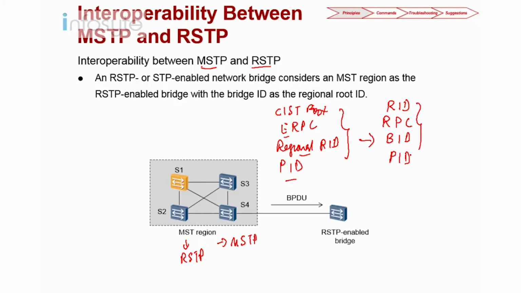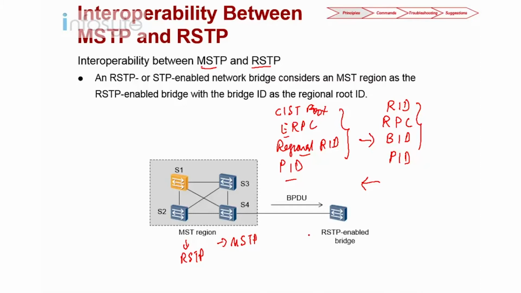So here we have achieved certain compatibility when MSTP sends to RSTP. Now it's true for RSTP back into MSTP as well. So based on this, you can see that MSTP and RSTP can work without much of a problem. So they are compatible.